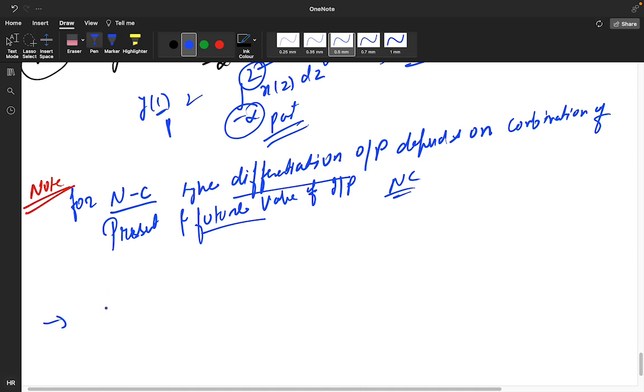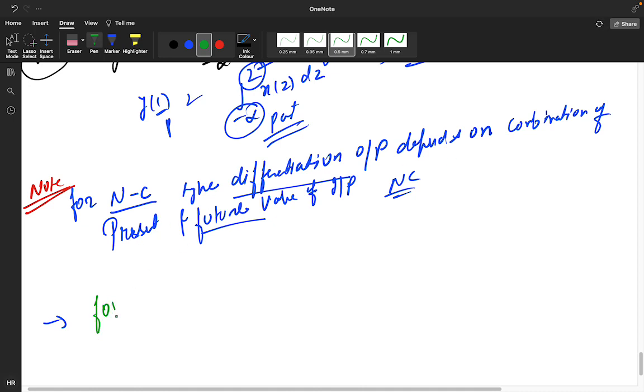For non-causal type differentiation, the output depends on the combination of present and future value. For causal differentiation, the output depends on the combination of present and past value. So if you are doing non-causal system differentiation, the value will depend on the present and future value.